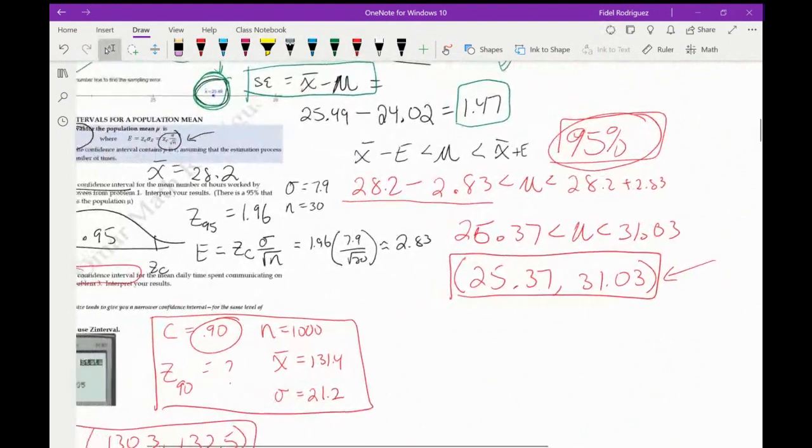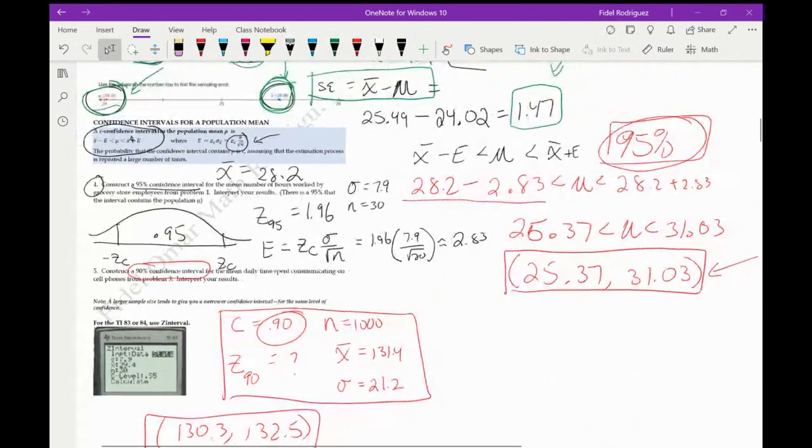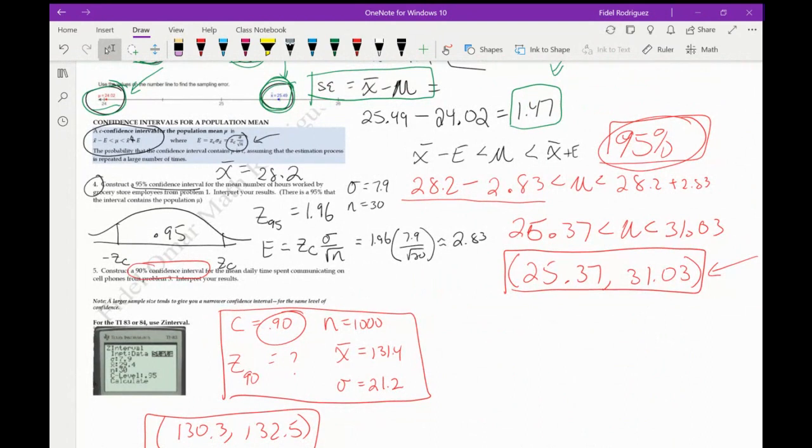So I want to redo problem number 4 using my calculator because I want to show you that either way, I'm still going to get the same answer. The only thing I need from this problem is my 28.2, my 7.9, my 30, and the fact that this is a 95% confidence level. I should still come up with 25.37 and 31.03.